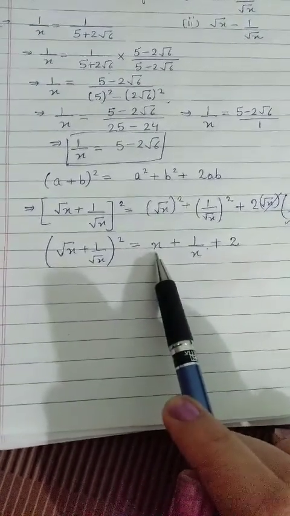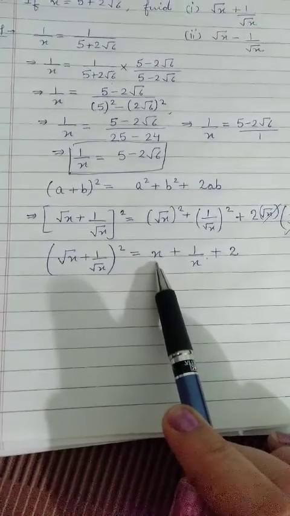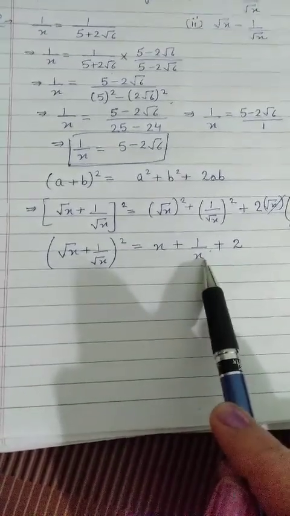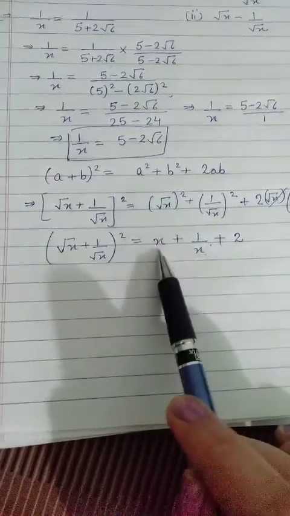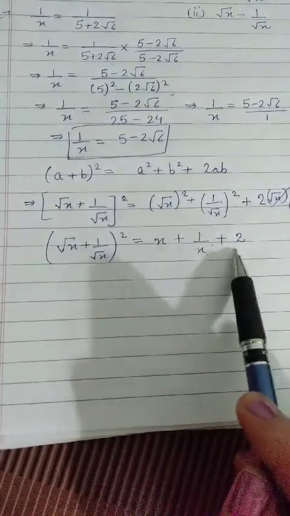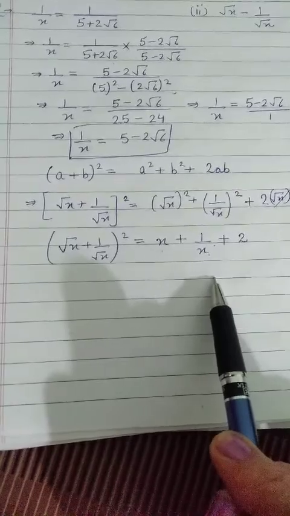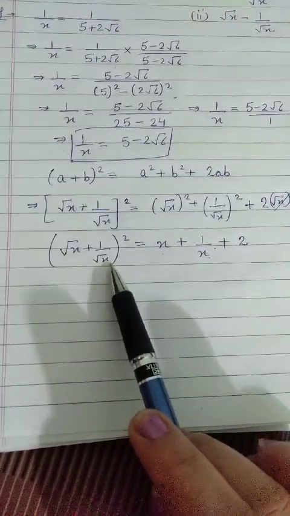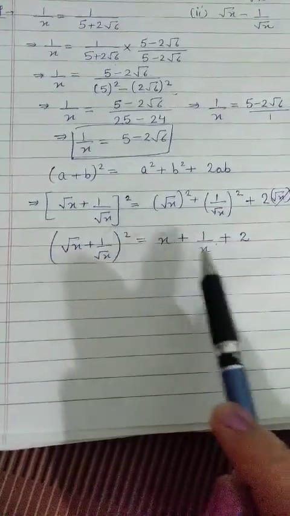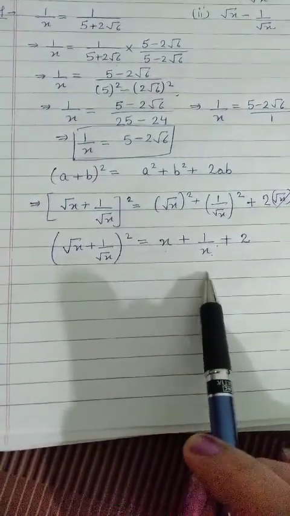Now you must have got the answer. You already know the value of x, which is 5 plus 2 root 6, and 1 by x, that also you know, 5 minus 2 root 6. You substitute the values, simplify, you will get the answer, and then to get the value of root x plus 1 by root x, you take the square root of the final answer.